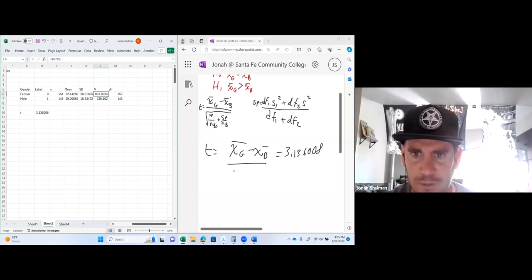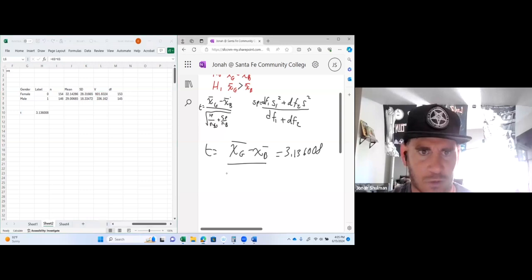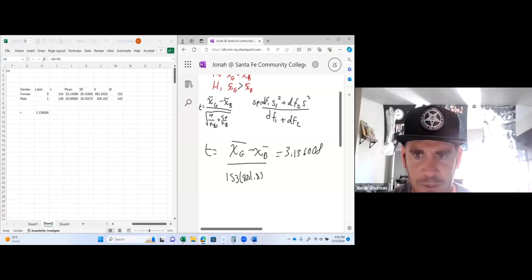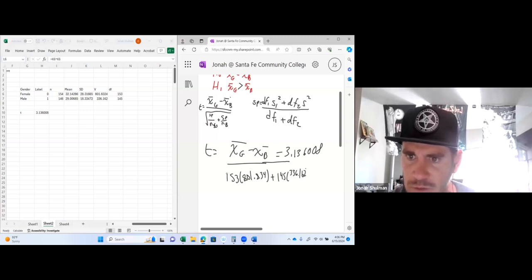To get it, it's squared, that's why it has a square root on it. But basically, the girls is first. So 153 times the variance, which is 801.8324, plus 145 times 336.162.